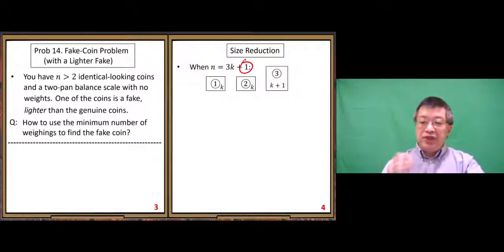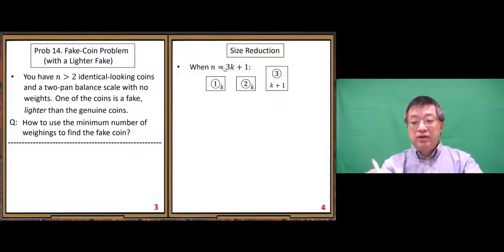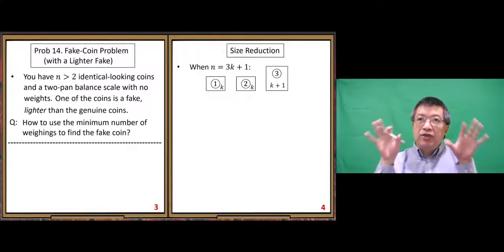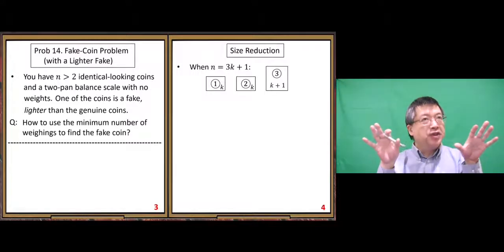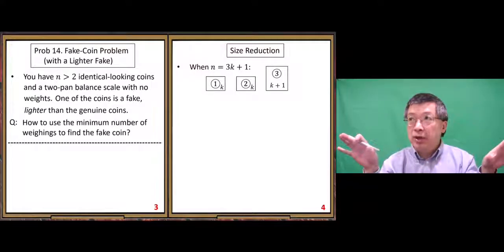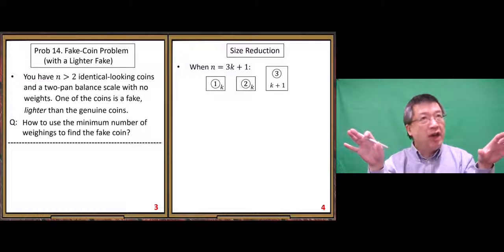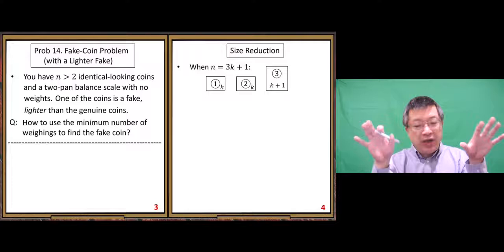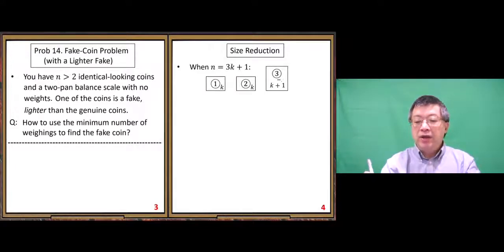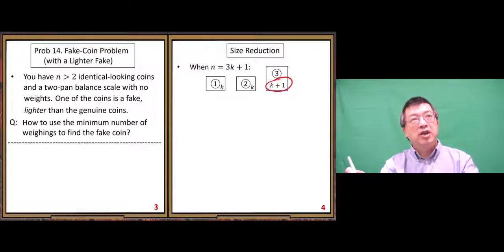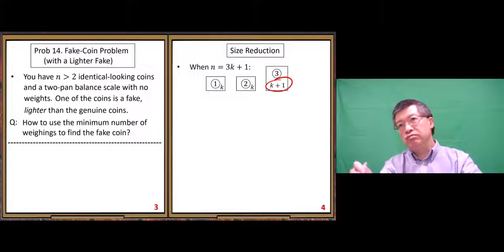This time, we use the balancing principle to distribute 3k plus 1 coins as evenly as possible, not perfectly evenly distributed, but the best we can do. Pile 3 contains k plus 1 coins. The remaining 2 piles, k coins each. That's the best we can do.